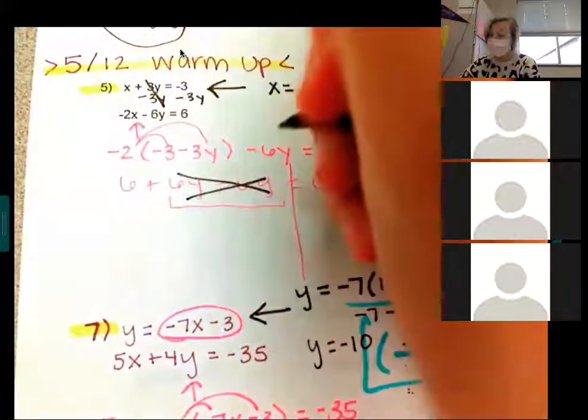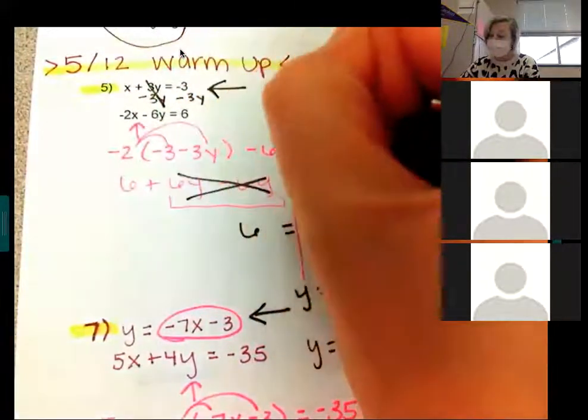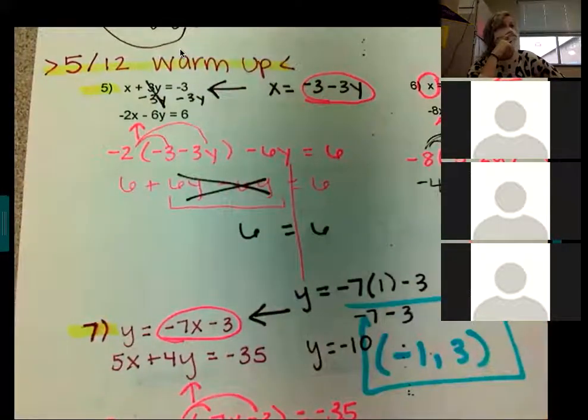They go away. Look at what's left. Does 6 equal 6? So what does this mean? Infinitely many solutions. He is right.